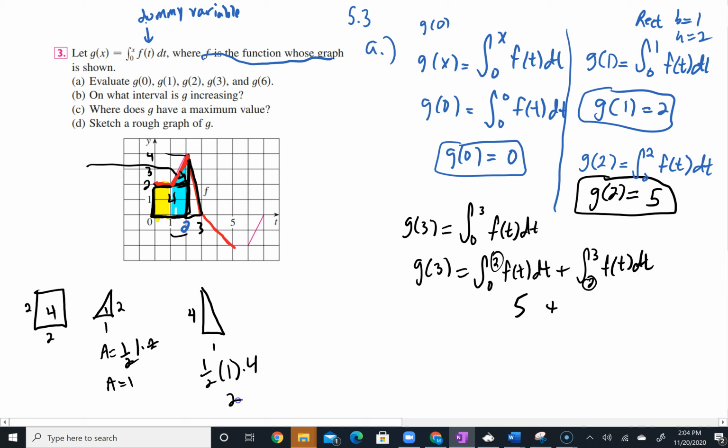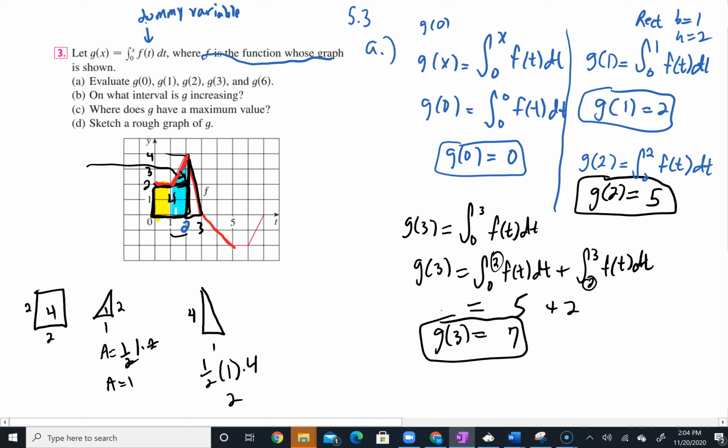And you could see that's actually going to be a 2, right? So that area of the triangle there is a 2. That means the integral from 2 to 3, because it's above the x-axis, is going to be positive area. 5 plus 2 is 7. Hey, look at that. G of 3 is equal to 7.